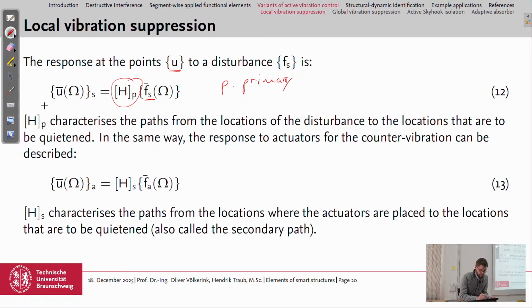We have the same equation 13 for the transfer function from the actuation positions towards the points we want to calm down, with index S for the secondary path. So the primary path is from the disturbance to the points we want to suppress the vibrations at, and the secondary path is our control path, where we want to quieten the structure.